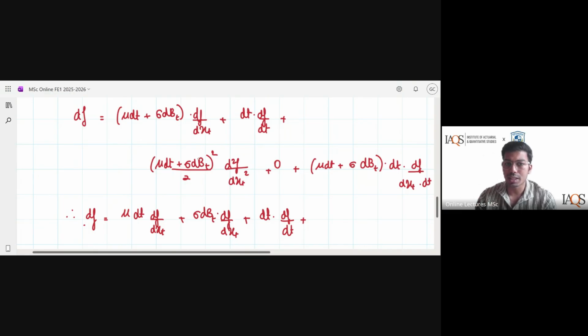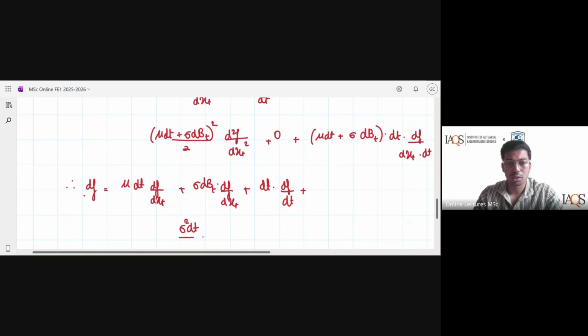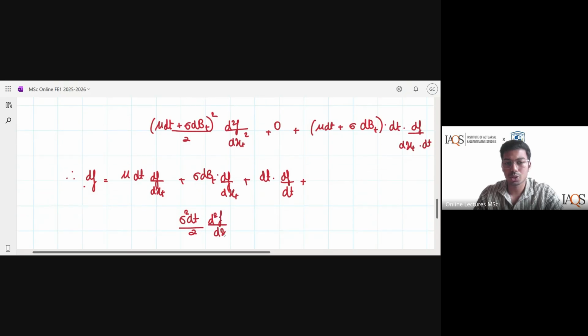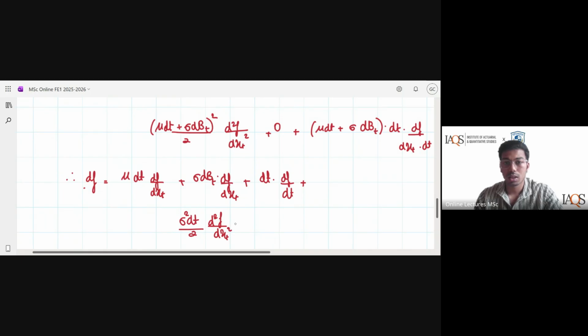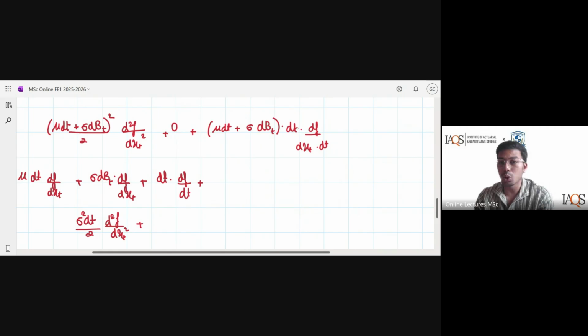Plus b square is sigma square dbt square. I know dbt square is dt. Therefore this becomes sigma square dt by 2 times the second derivative of the function with respect to xt square. Now, plus again over here, mu dt into dt is mu dt square, which is 0.